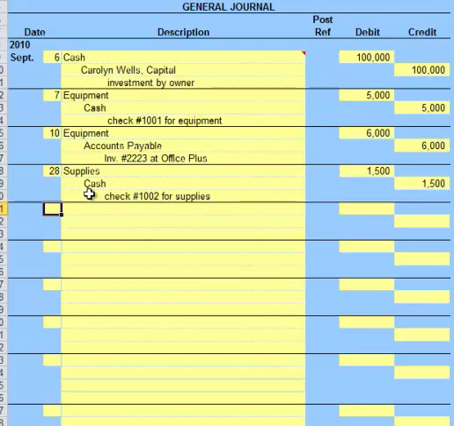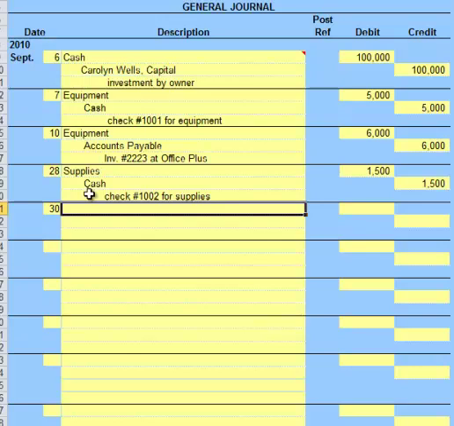Okay, on the bottom of page 94 there's another transaction. It says on November 30th, Wells Consulting Services paid Office Plus $2,500 in partial payment of invoice 2223, and they wrote check 1003. Okay, so here we're paying on our debt. So I'm going to put in the date, the 30th. Now we're writing a check to reduce a debt.